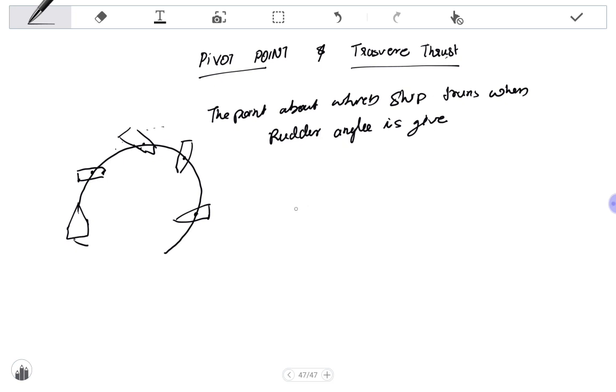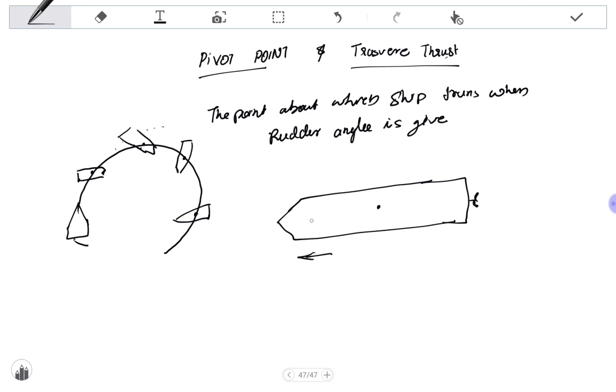When the ship is stopped with zero speed, the pivot point will be at the center of the ship. So as soon as we give an ahead movement, the pivot point will shift towards the forward.